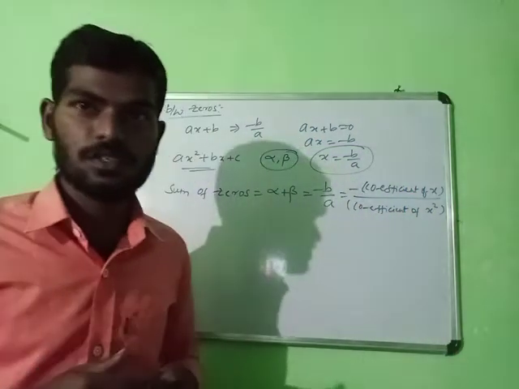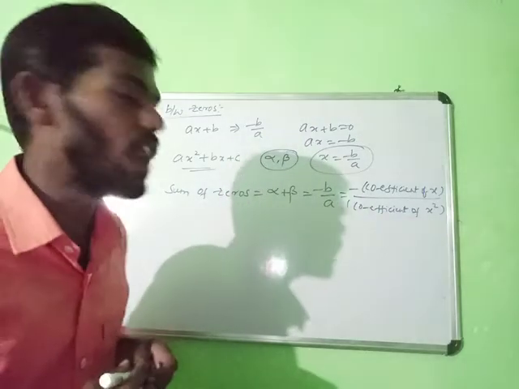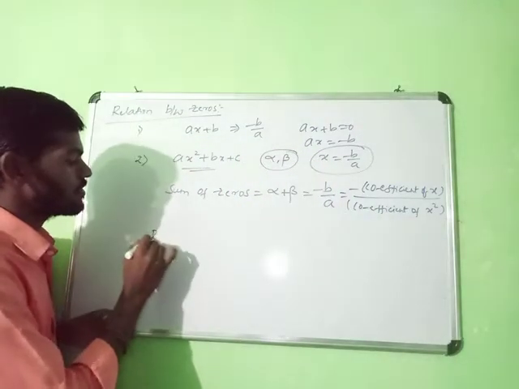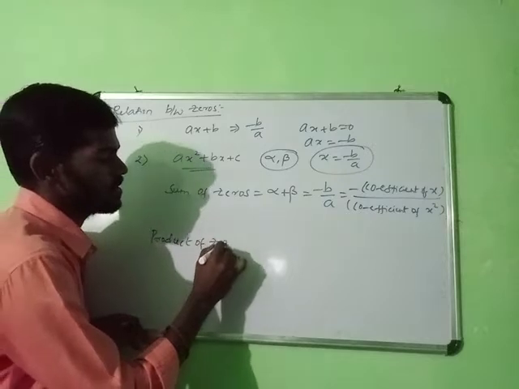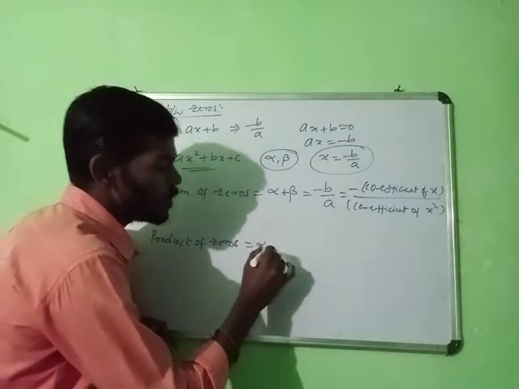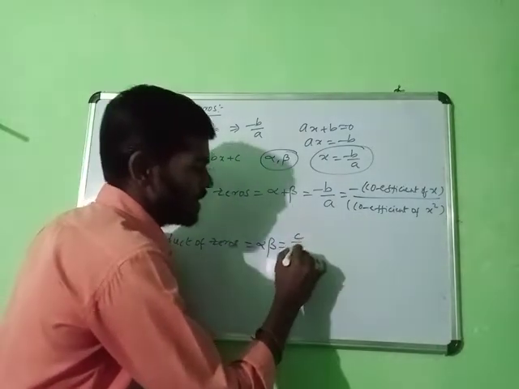Next, the product of zeros. Alpha into beta is equal to c by a.